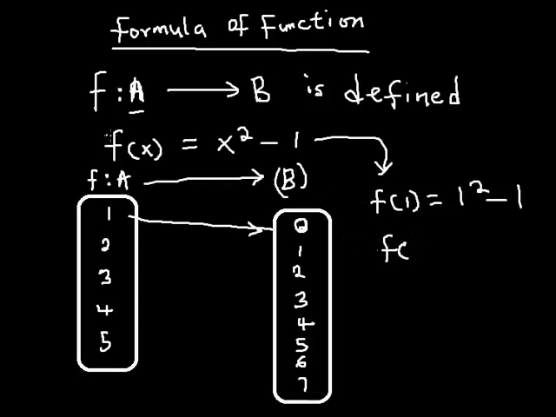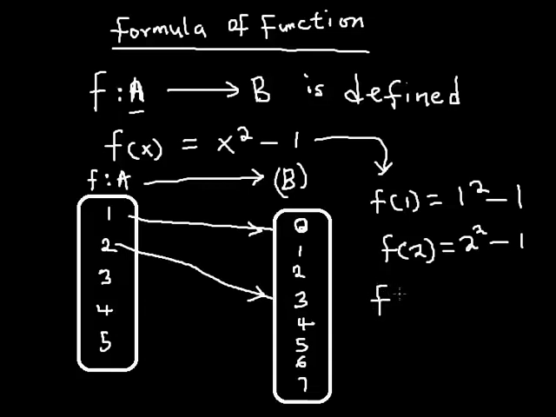Let's go again. When my domain is 2, to get what I have as the codomain, the image, I'll do f of 2. That's going to be 2 squared minus 1. 2 squared is 4, 4 minus 1 is 3. So here comes the mapping.